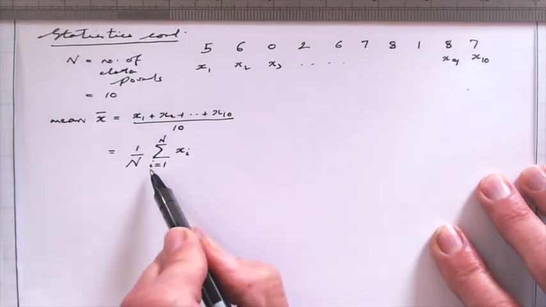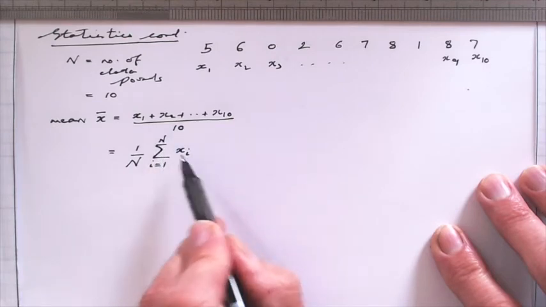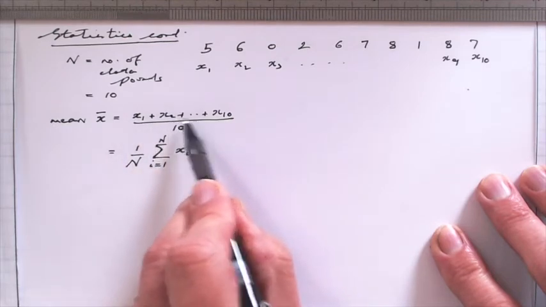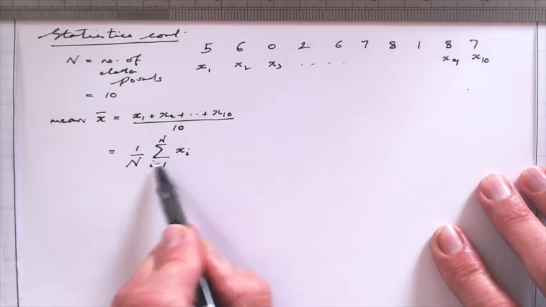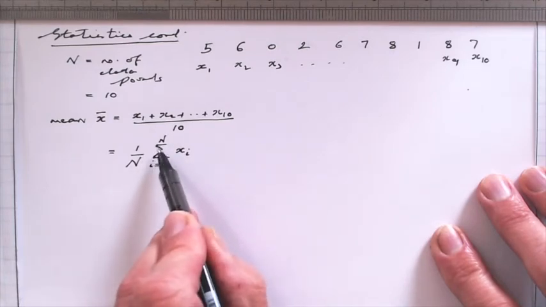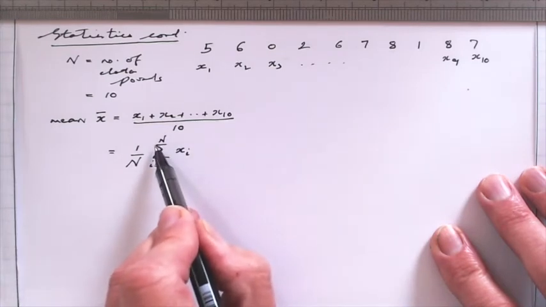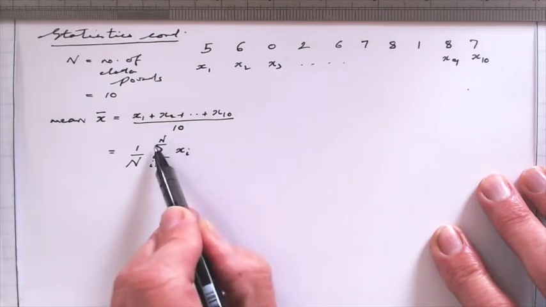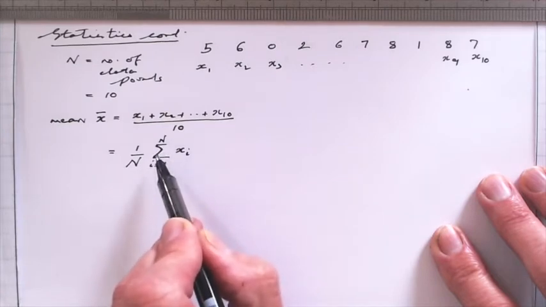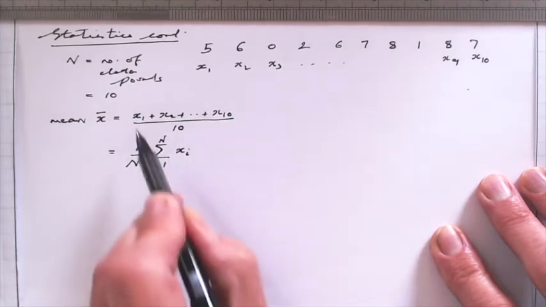In our case, i would be going from 1 to 10 of the data xi, which means x1 plus x2 up to x10. This symbol is called sigma, the capital sigma, capital S in the Greek alphabet, and it just stands for sum. So when you see this symbol sigma, it means sum whatever comes after it, in this case xi.